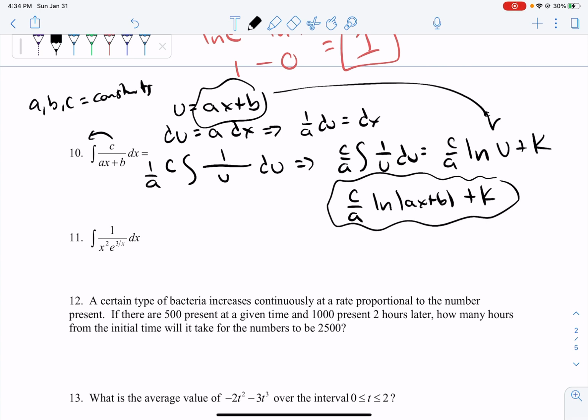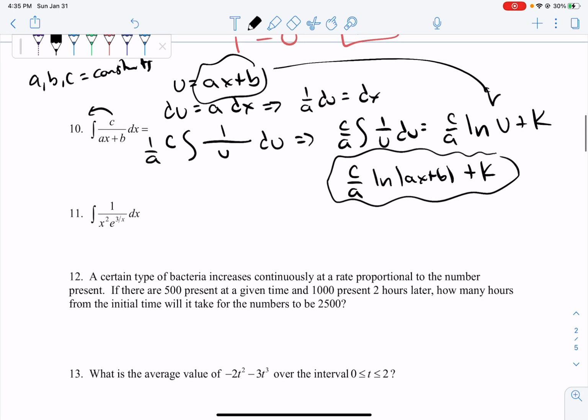Just so I don't mix up my different c's. If you were writing this, you could have said something like c sub 1 and c sub 2. You could have done a big C and a little c. It's kind of hard for me to keep track of big C's and little c's, mostly because of my handwriting. So I'm going to stick with a constant being k because it's just some constant. It doesn't matter what it is.